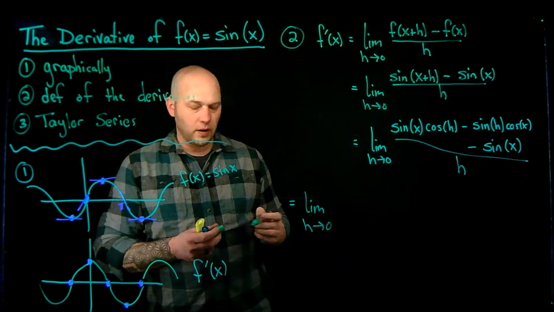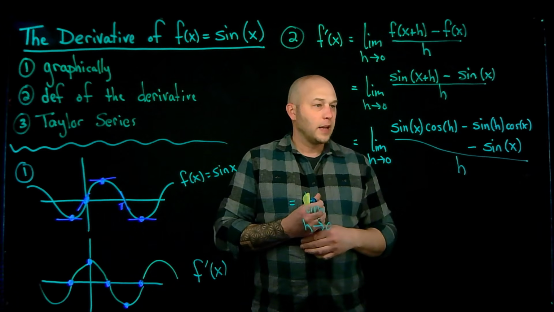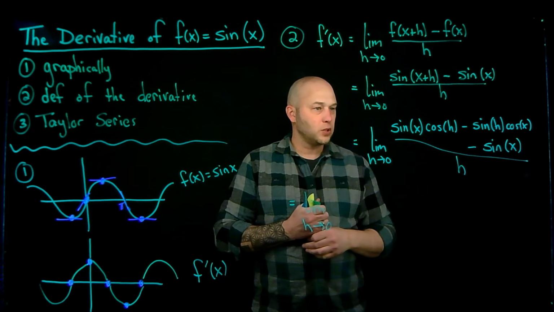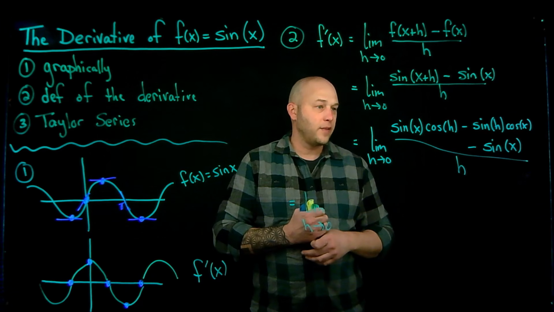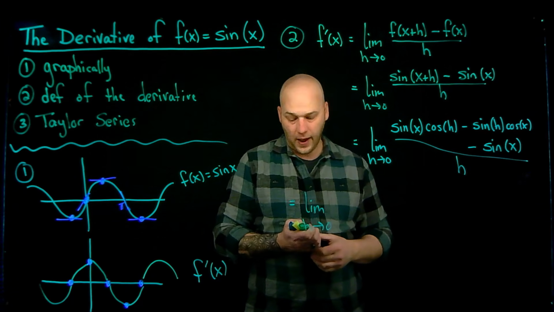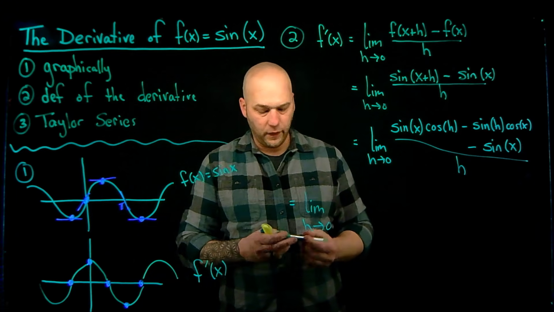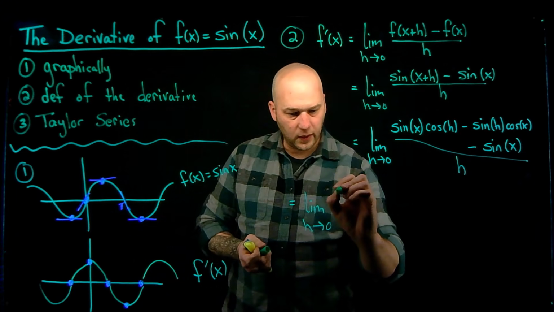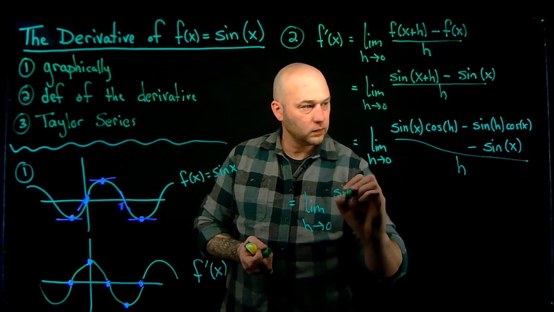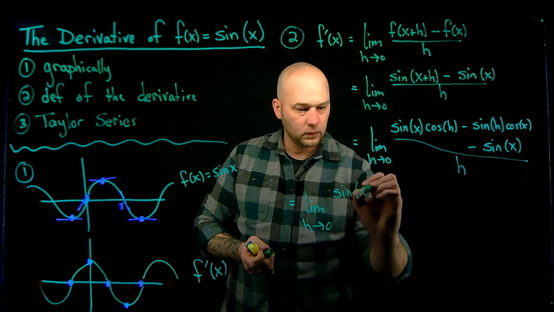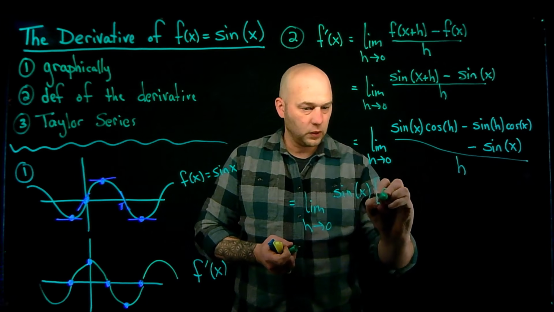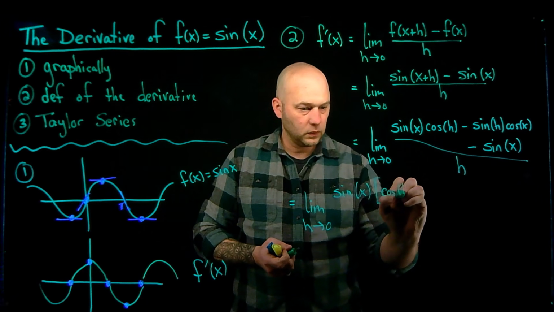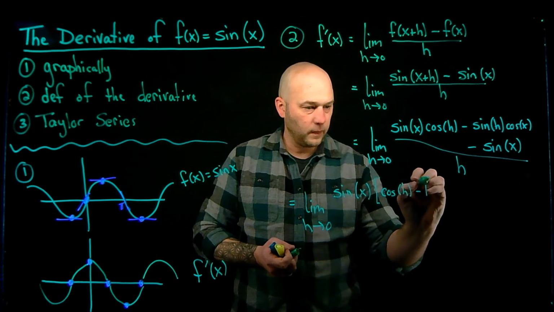Now I have to figure out a way to work with this. Now if I look at these terms, I can see that the first and the last have a sine of x that I could factor out. So let's go ahead and factor that out. So I have sine of x times, well, cosine of h minus 1.